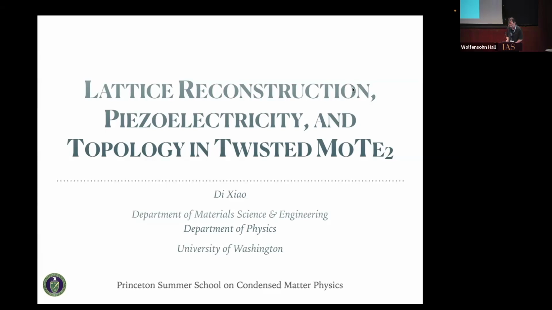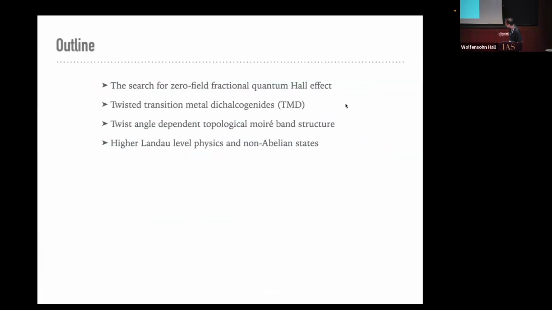So here is the outline of my talk. I will first give you an overview of the search for the zero field fractional quantum Hall effect, mainly from the theory point of view. And then I will give you a very brief introduction to the basics of twisted transition metal dichalcogenides, its crystal structure, its band structure, and so on.